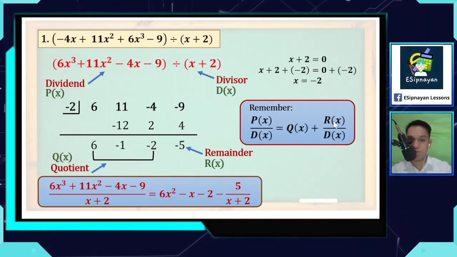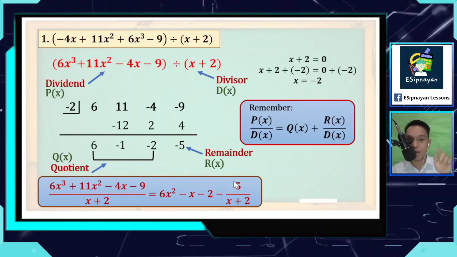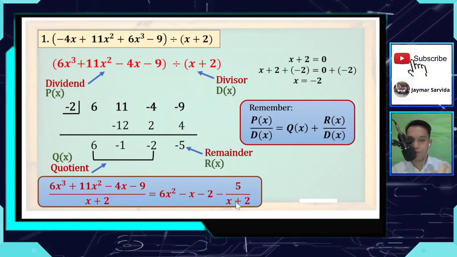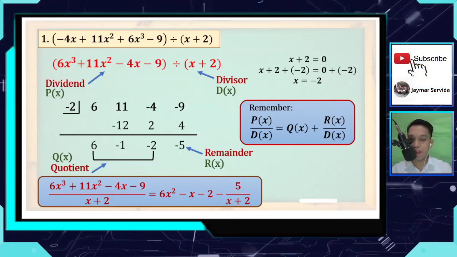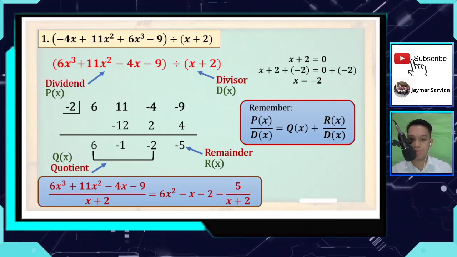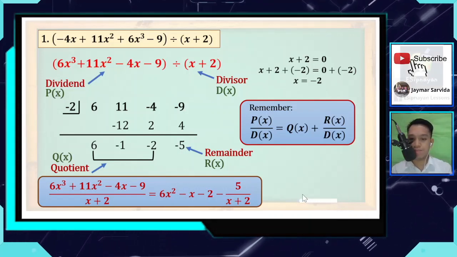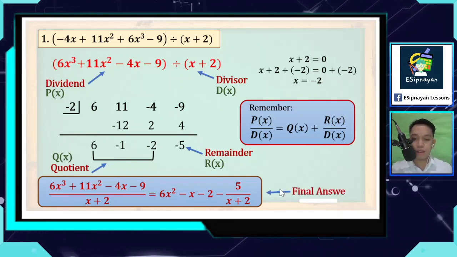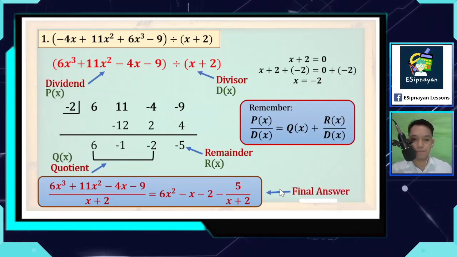Okay, so r of x over d of x. So, ano ba yung ating d of x? Si x plus 2. So, ang remainder natin na negative 5 over d of x, which is x plus 2. Okay? Now, let's proceed. Ito yung ating final answer.